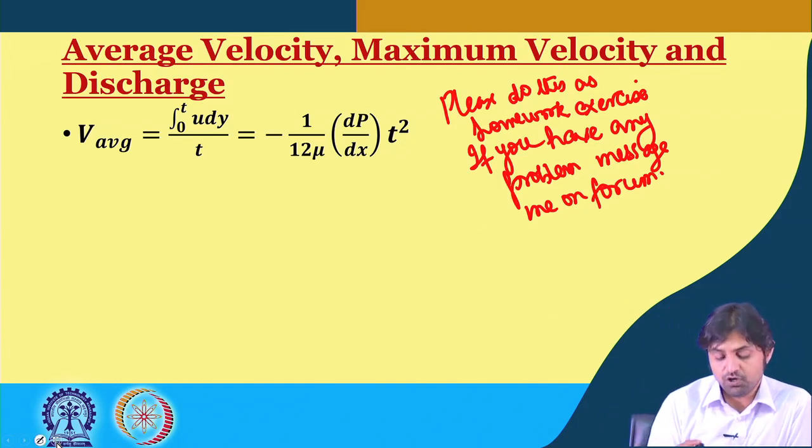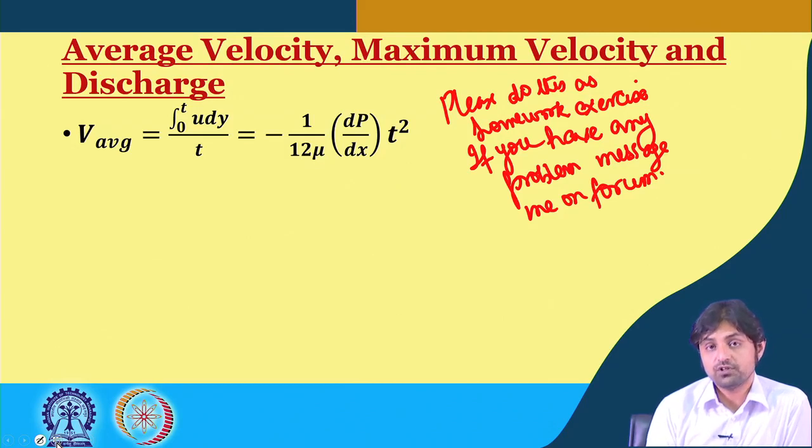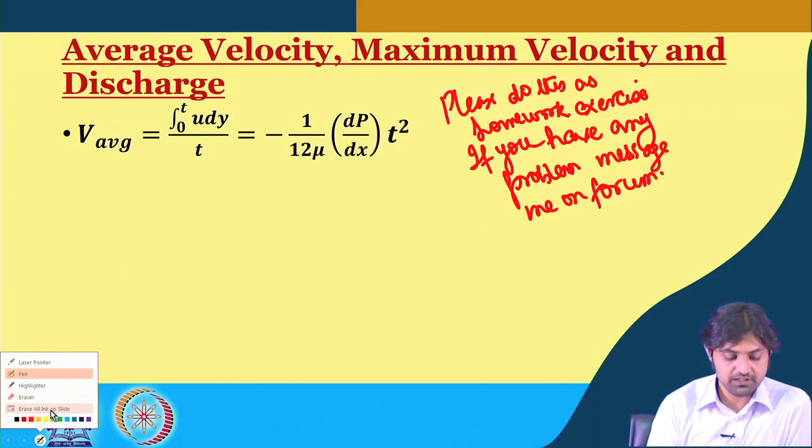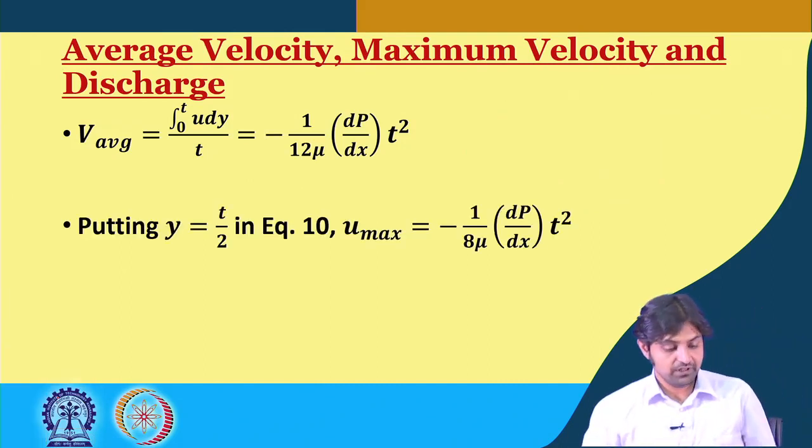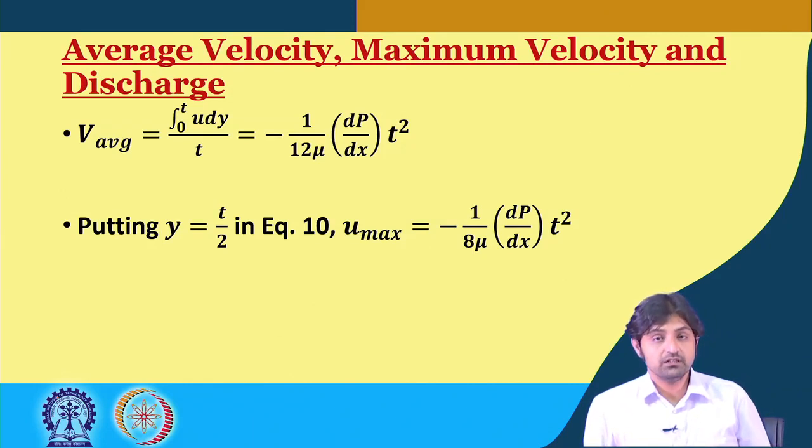Not only this V average, but I request you to also do this for the flow through the pipes that we covered in the last lecture. Now, you see the velocity profile is parabolic.